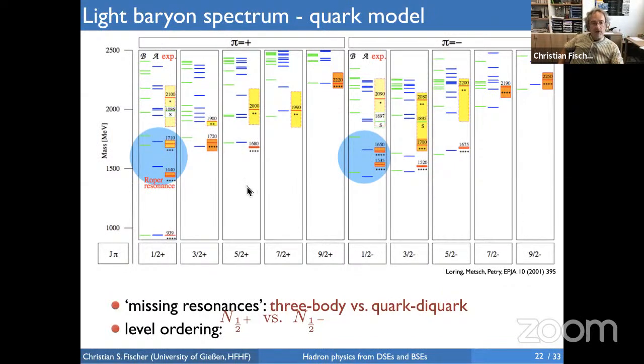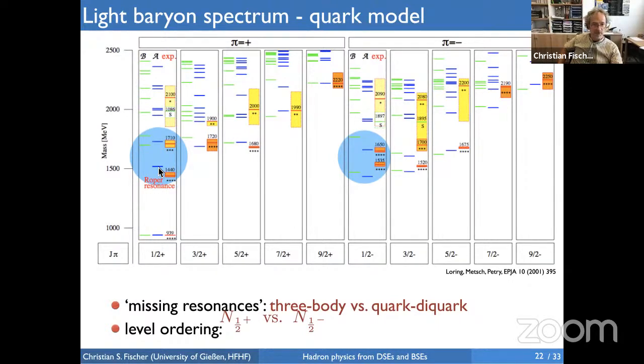The second interesting question is, have a look at the ground state and the first radial excitation here in the nucleon channel compared to the negative parity channel. And you find that the ground state in the 1/2 minus channel has a larger mass than the first radial excitation in the 1/2 plus channel. And this is very, very unnatural. A typical quark model result goes the other way around.